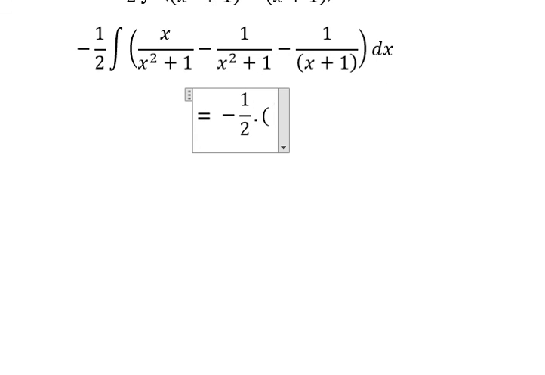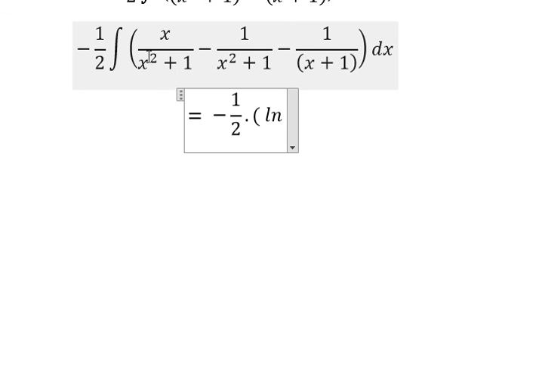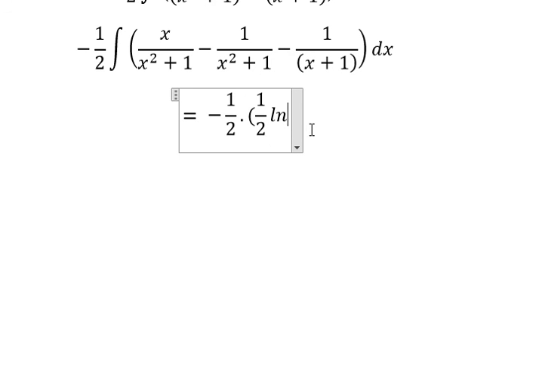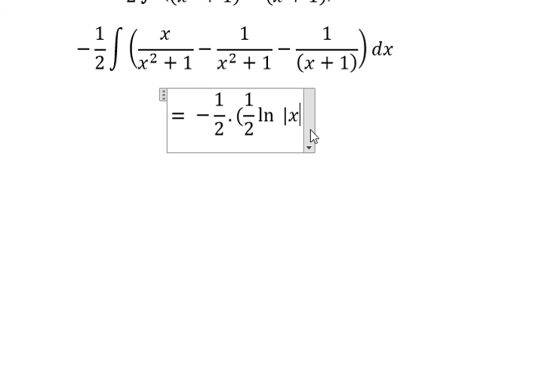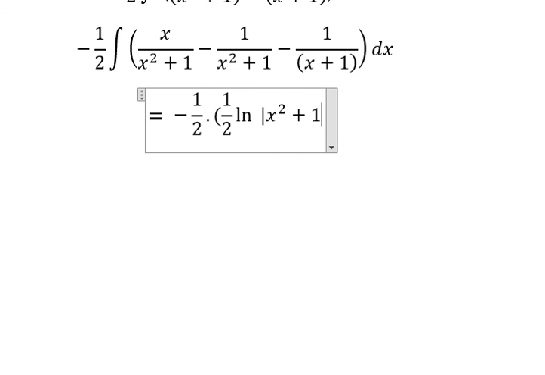The integral of x over x squared plus 1, you will get logarithm, and we have the number 2 here, so you get 1 over 2 times the logarithm of the absolute value of x to the power of 2 plus 1.